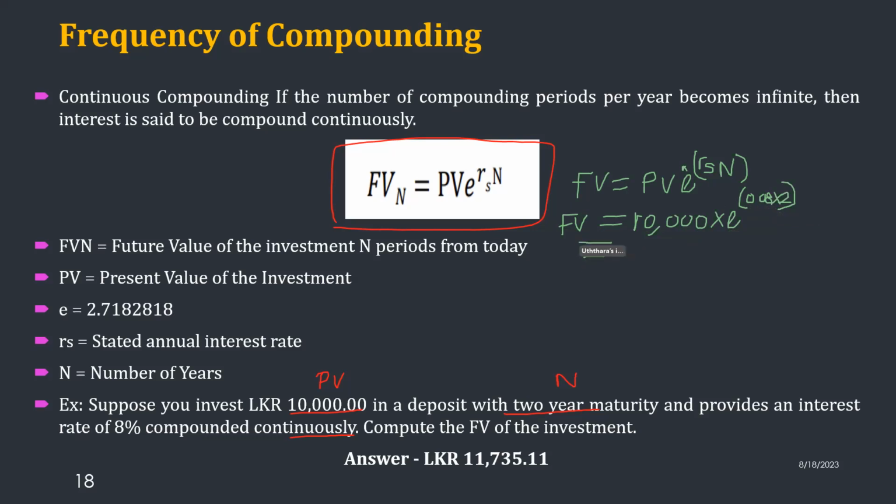Then how are we going to calculate this e? If e is hard for you to find, remember you can use your scientific calculator. And another thing I need to tell you is that when you're doing the calculations for the exam, you're required to take a scientific calculator. In your scientific calculator, you can see a sign called alpha.